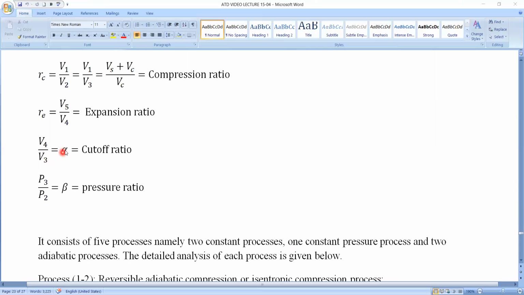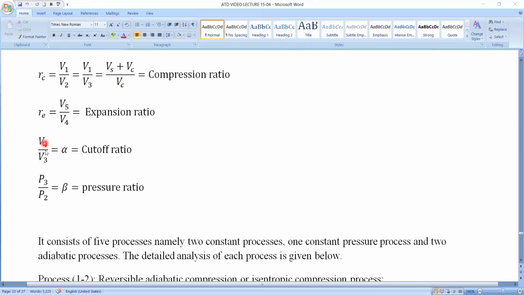Now, it is represented by alpha. So remember students, cutoff ratio is represented by alpha. In different books, they may use different symbols. No need to worry. You can use any symbol. In some books, they have used rho instead of alpha. So no issue. You can use either rho or alpha.